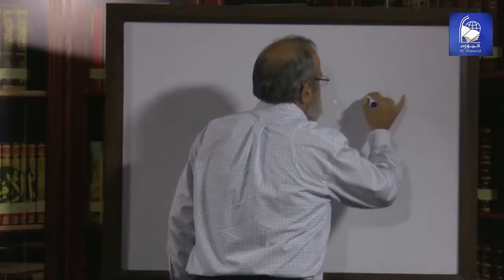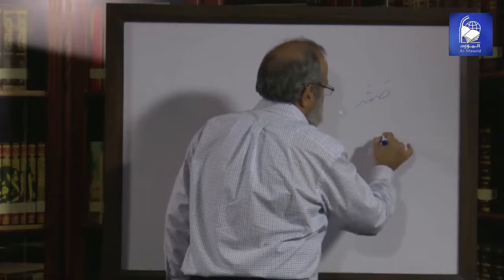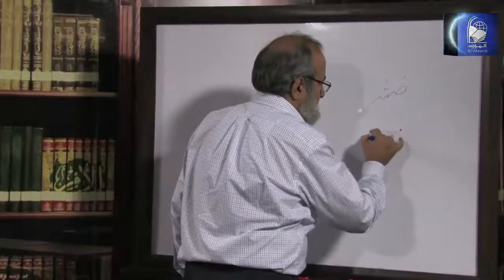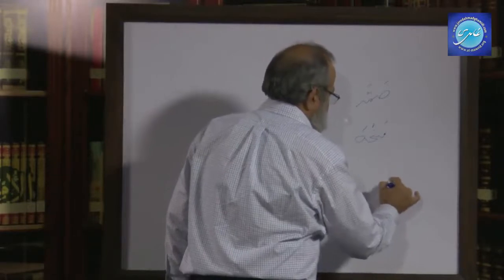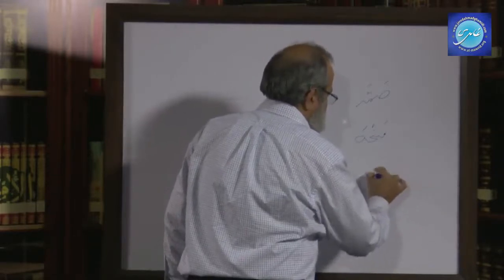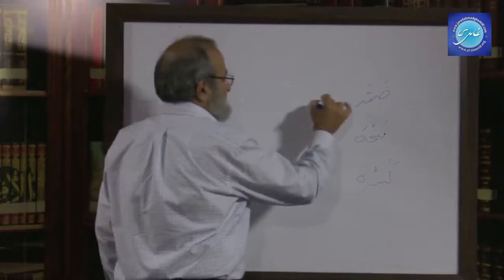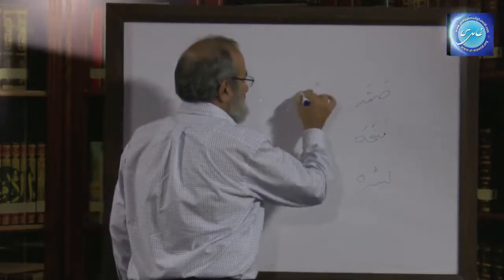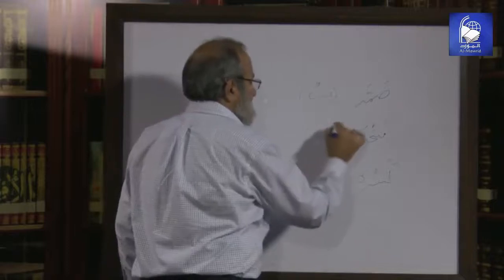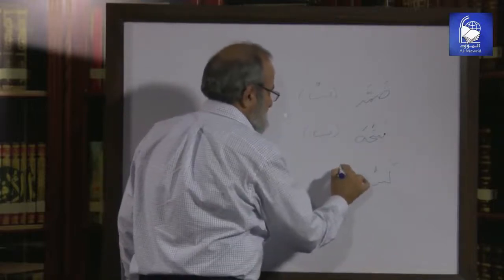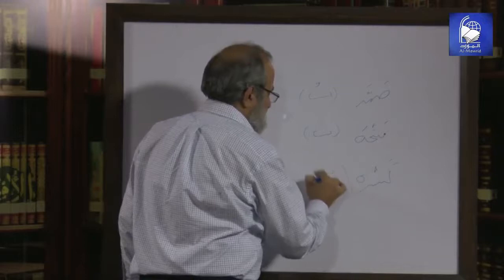Now, I mentioned dhamma, I mentioned fatha, and I mentioned kasra. I hope you know that fatha is, let's say, ba, it's bu, ba, and bi.